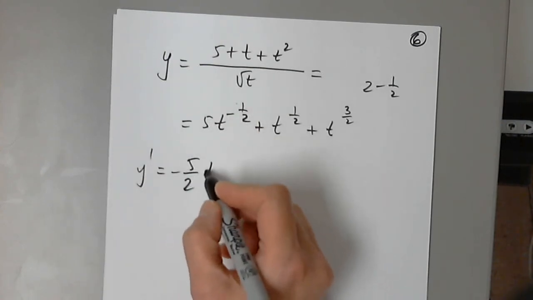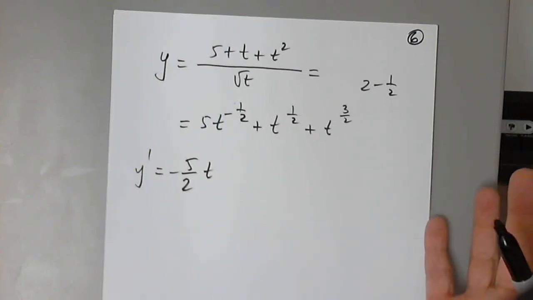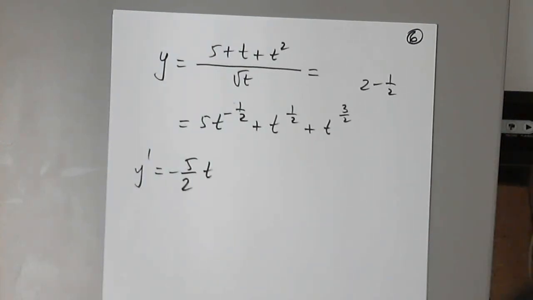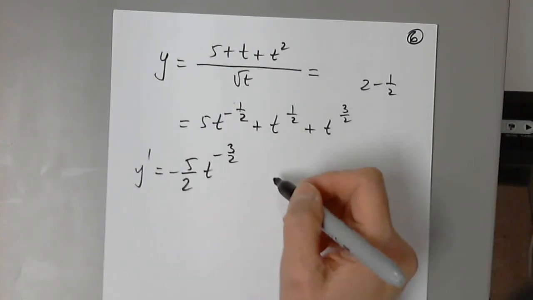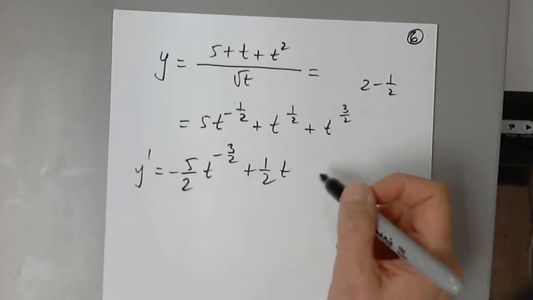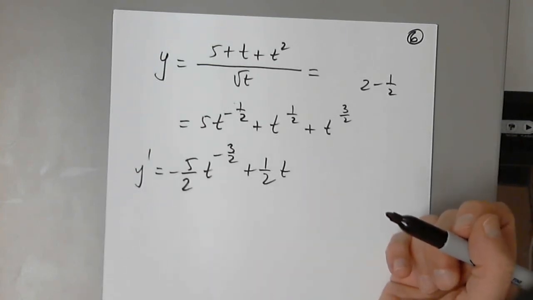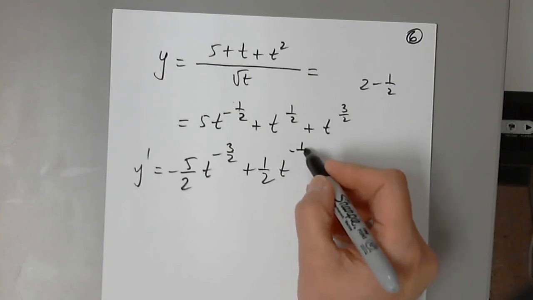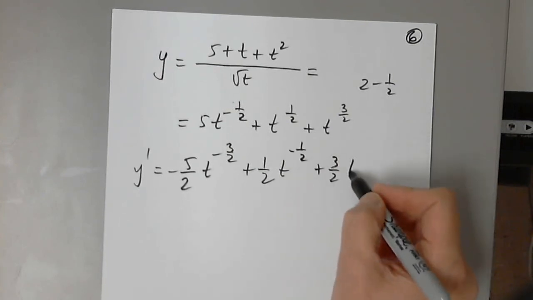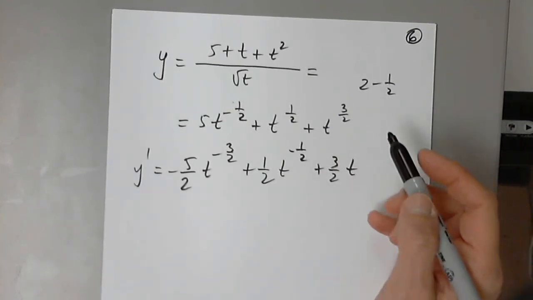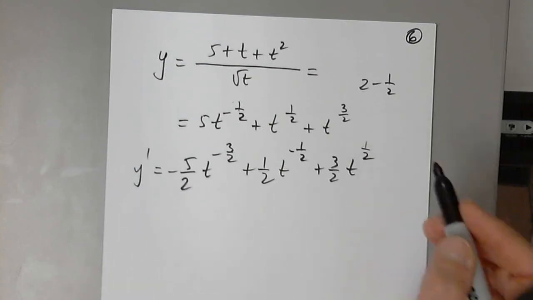So negative 5/2 t to negative 1/2 minus 1, negative 3/2, plus 1/2 t to 1/2 minus 1, which is negative 1/2, plus 3/2 t to 3/2 minus 1 is 1/2.